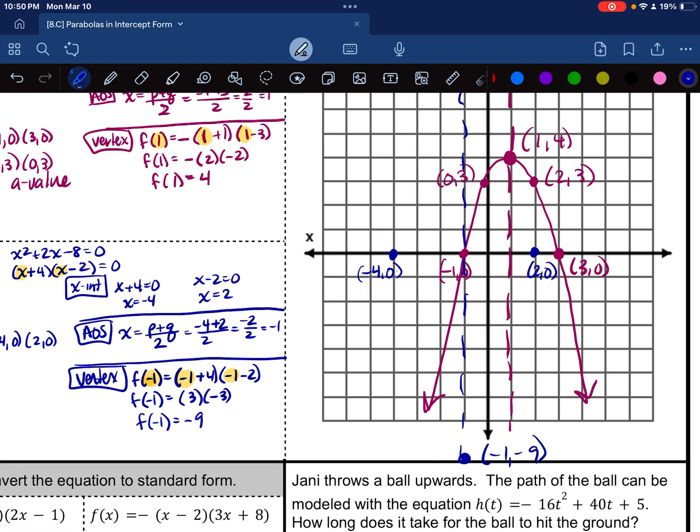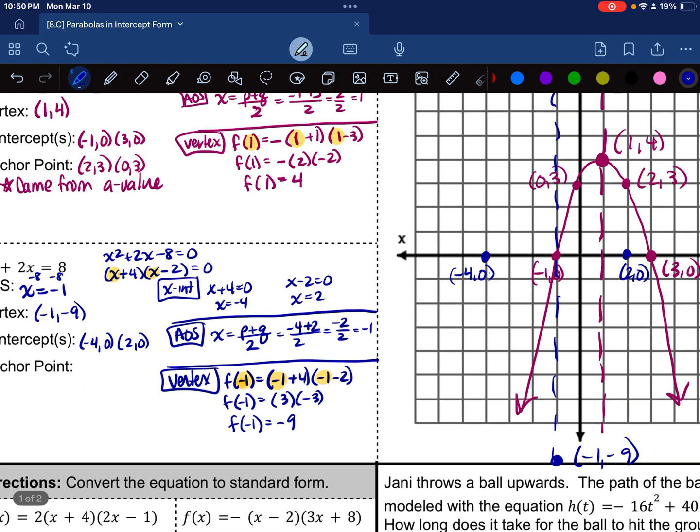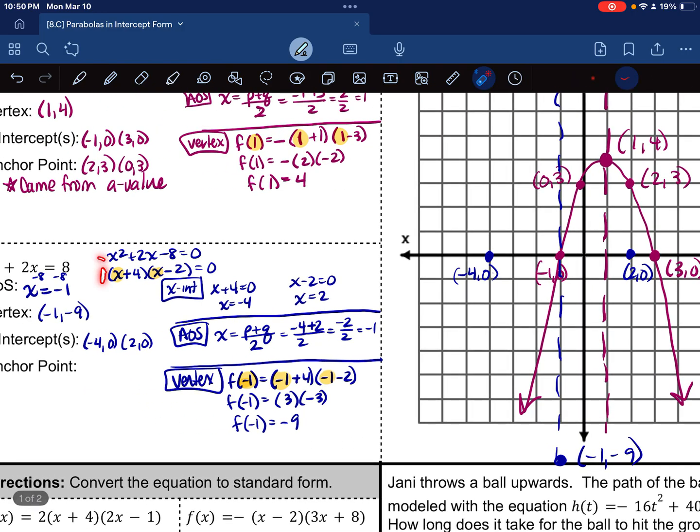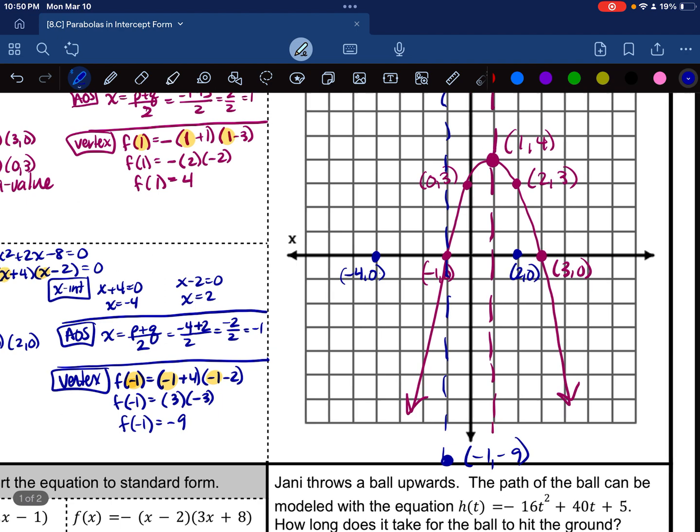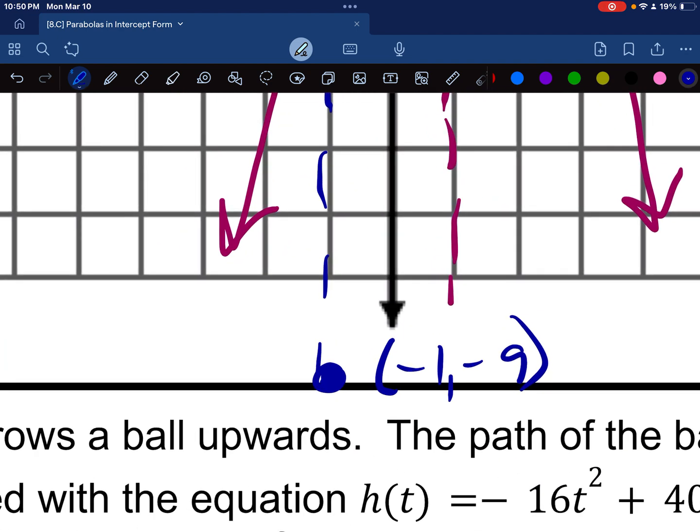Now for my fifth anchor point, again, I'm going to use my A value. So here in the factored form, there's just a 1 chilling here, which tells me when I go to the side from this vertex by 1, I go up 1, which would put me here at 0, negative 8. Now this is 1 box from this way.